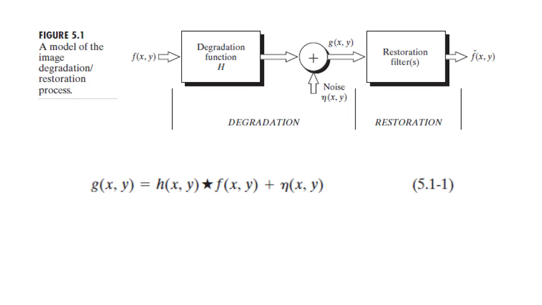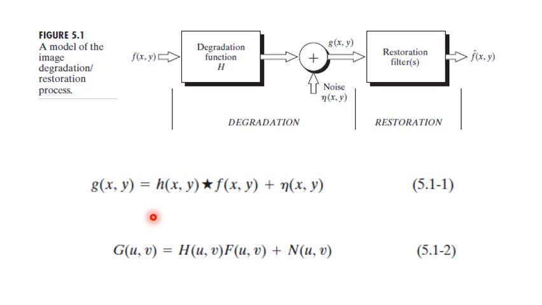As you can see in this figure, g of x comma y can be modeled as h of x comma y, the spatial domain representation of the degradation function, convolved with f of x comma y, plus the noise eta of x comma y, which gives the degraded image g of x comma y.